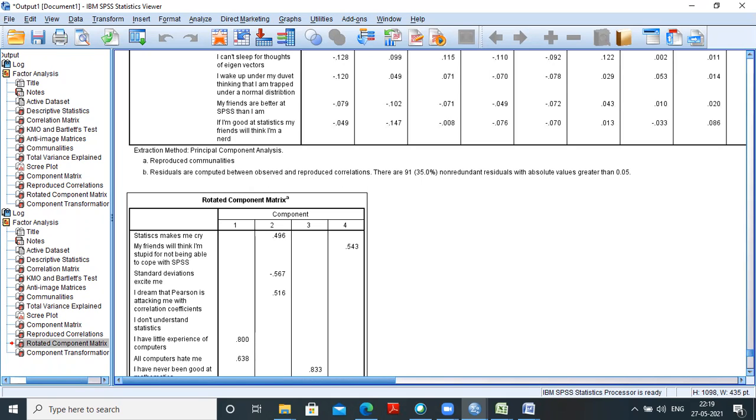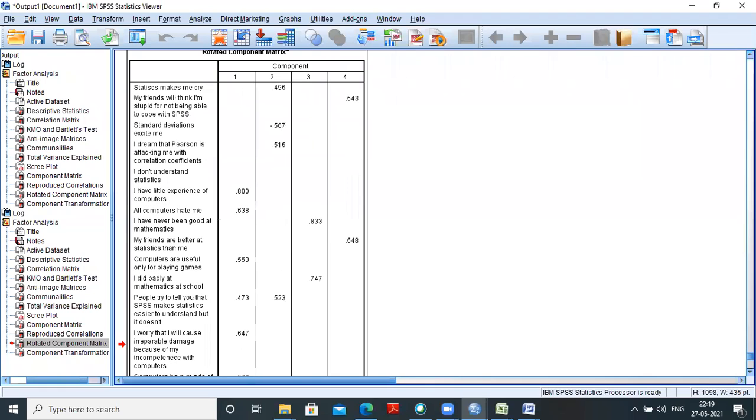First component describes the understanding level about computers. Second component describes the understanding level for statistics. Third describes the understanding level of mathematics. And fourth, perception of friends, right? So we can name these four components according to the characteristics described by the variables in that component.